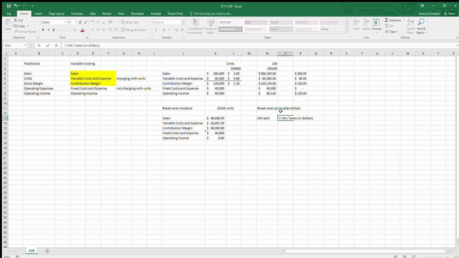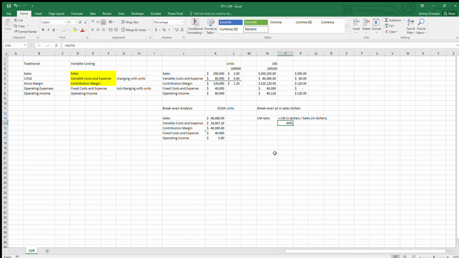So if we take our contribution margin from our initial response, 120 divided by 200, we'd get 0.6.